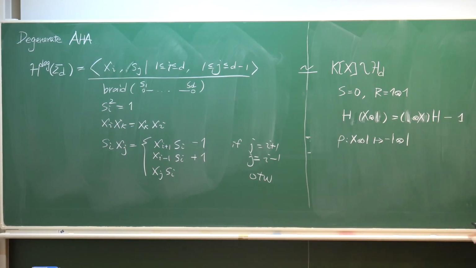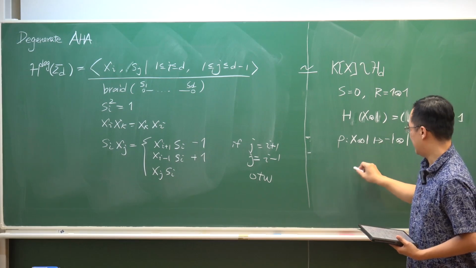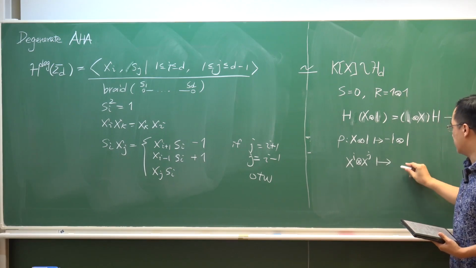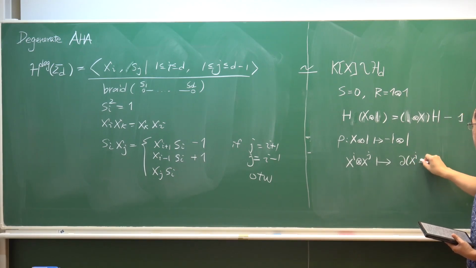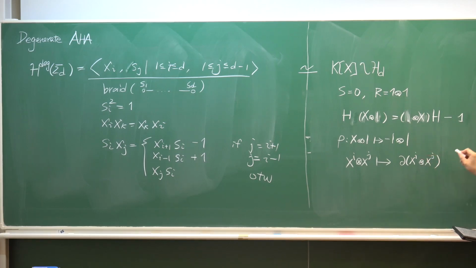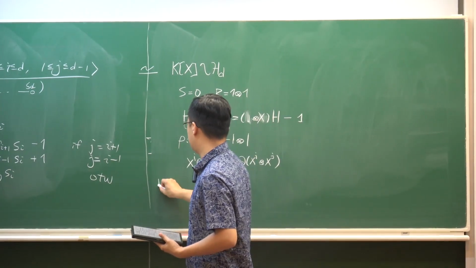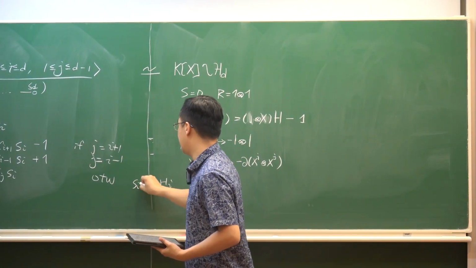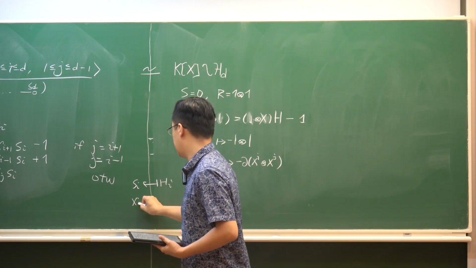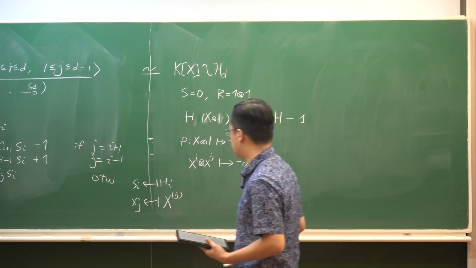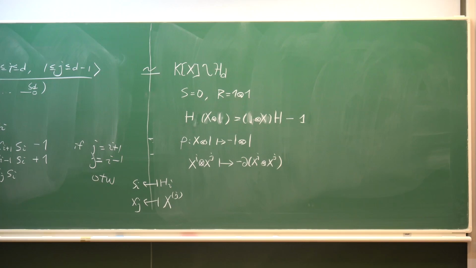So minus 1 is minus 1 tensor 1 in this case, and it then sends an arbitrary element to the Demazure operator acting on this, and then multiplies by minus 1 tensor 1. So this gives you the isomorphism by mapping H_i to s_i, and then x_j is from putting x on the jth tensor vector. It's also the flip.